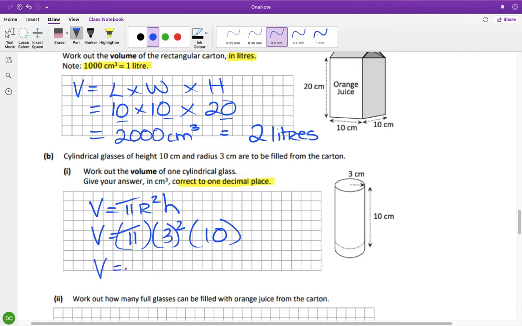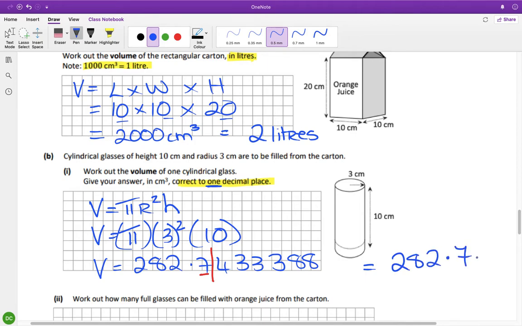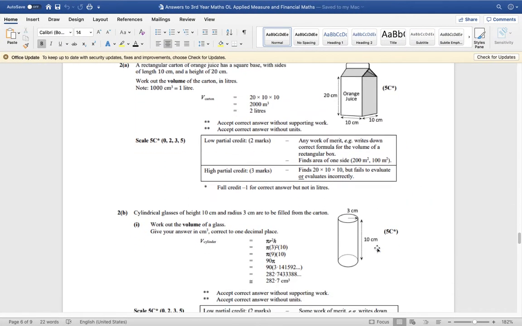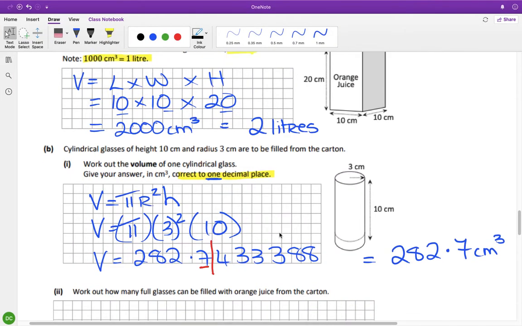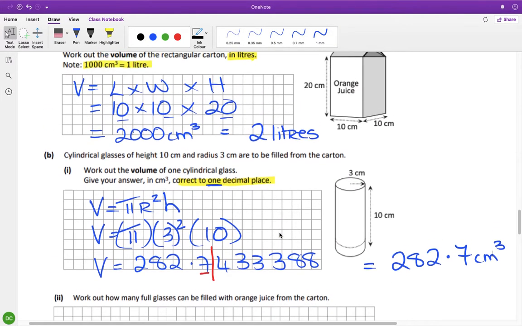And I'm getting 282.74333388. So to 1 decimal place, we stop here. Is the 4 big enough to push up that 7? No. So our answer is going to be 282.7 centimeters cubed.